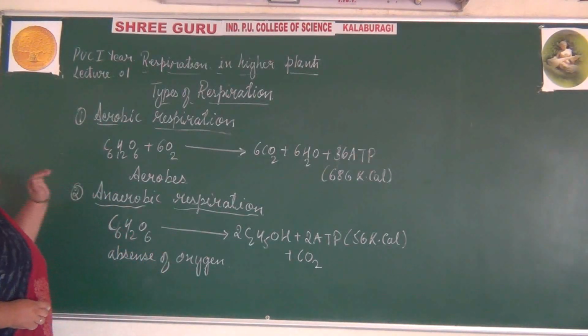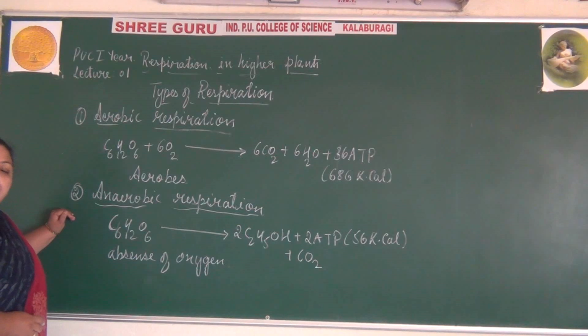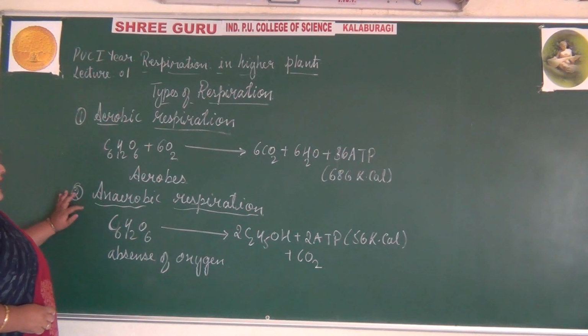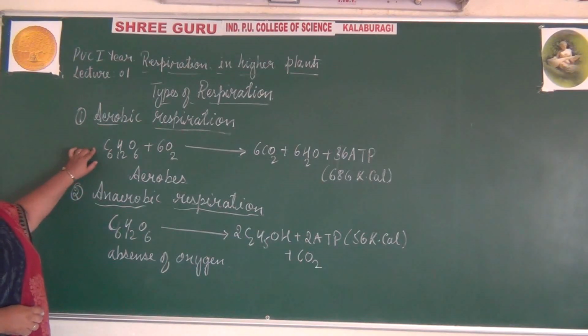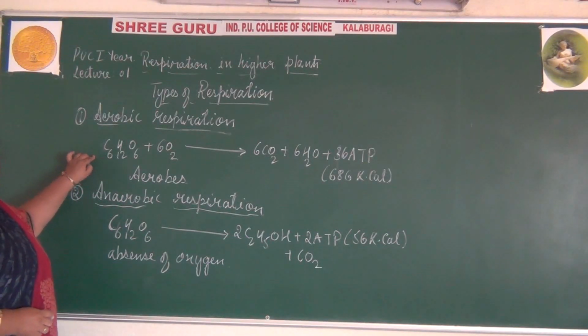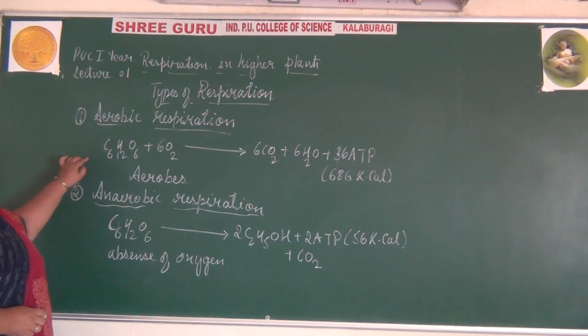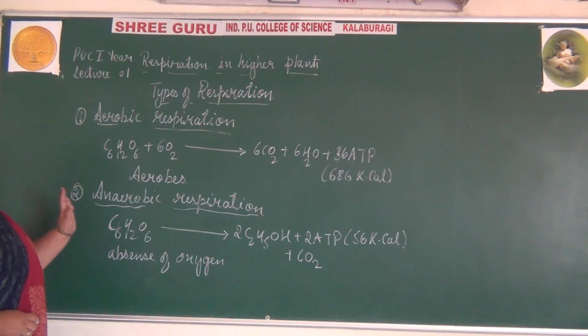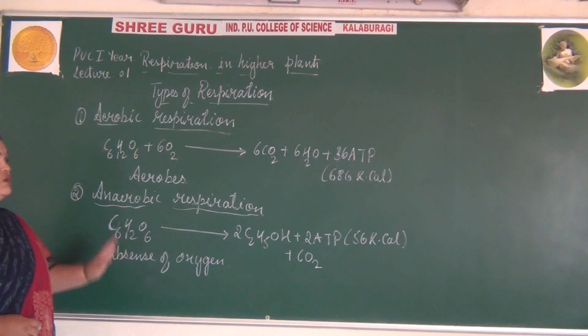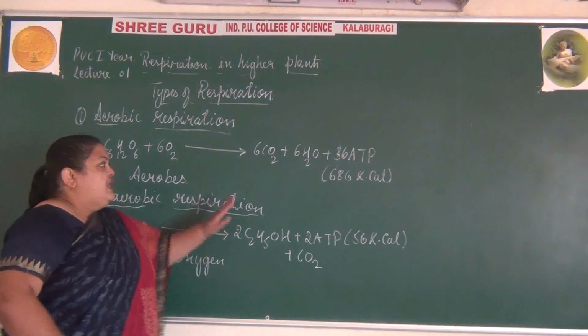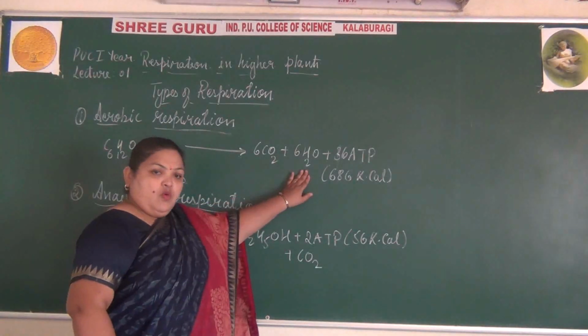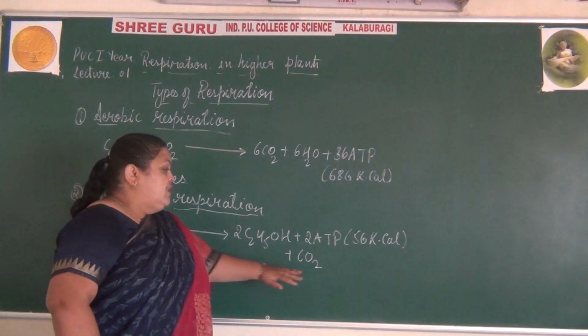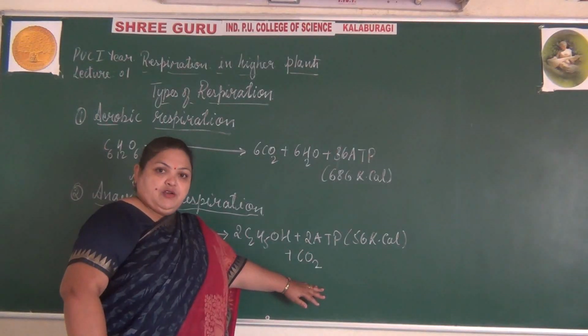Now in both of these processes, aerobic and anaerobic, the complex glucose molecule is broken down to simple components like carbon dioxide and water, or here ethyl alcohol and carbon dioxide.